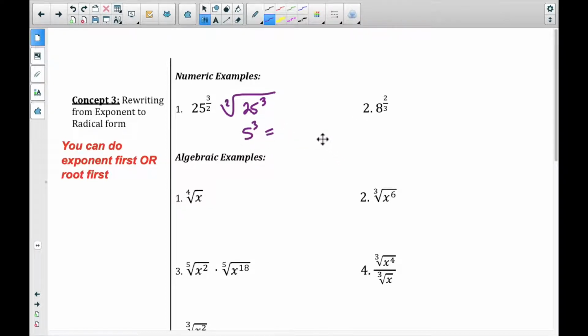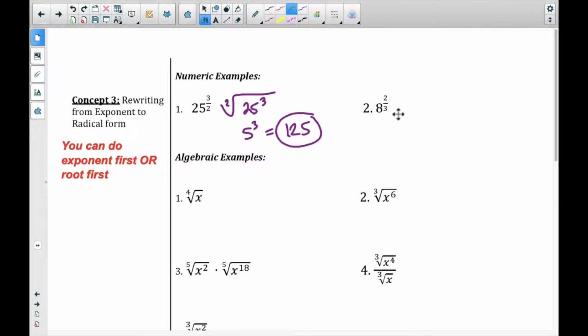And now, actually, that number is low enough that now I do know this number in my head. It is 125. So when you have these problems, you can either do this exponent first or the root first. I just do whatever I know in my head. Okay? Now, can you use your calculator? Well, sure, but we're going to start getting into some that have some variables in them, and your calculator is not going to help.